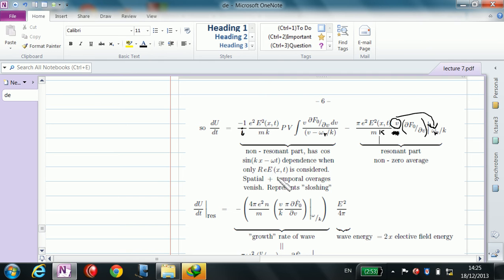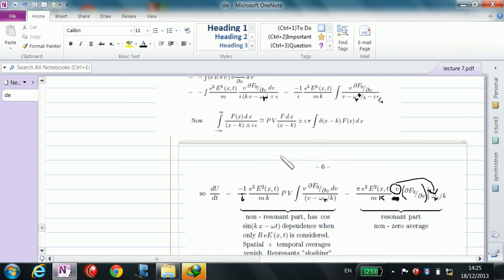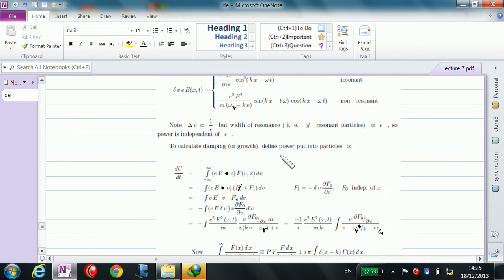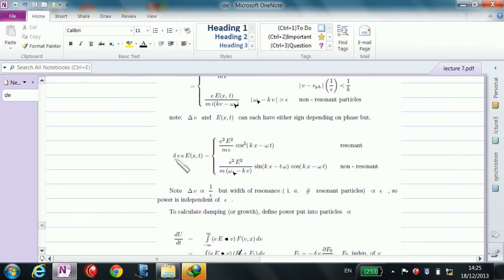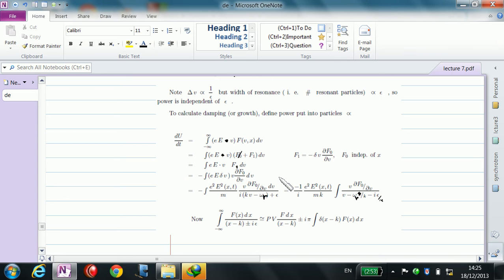The spatial average is 0. Cosine times sine? Delta v times E, yeah, it's sine cosine. Okay. This is when it's non-resonant, and it's always that way. V is always out of phase with the force when it's out of resonance.